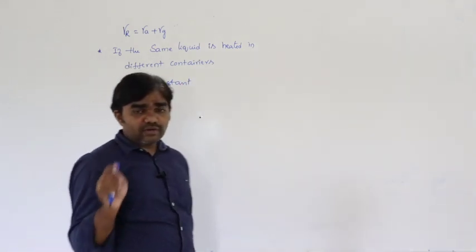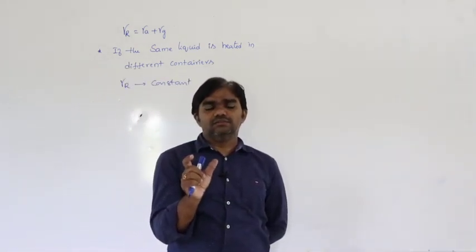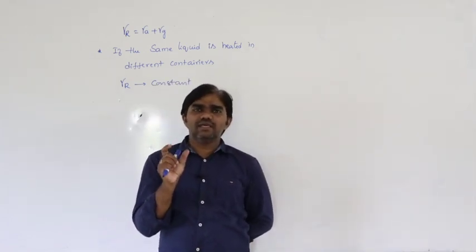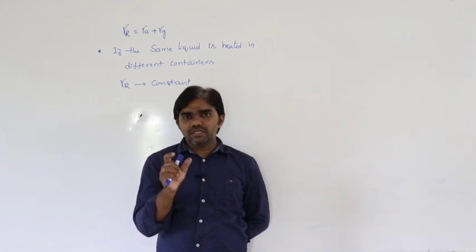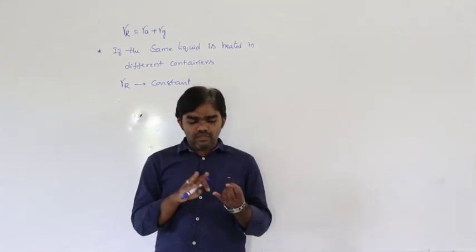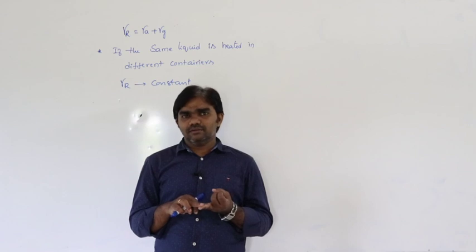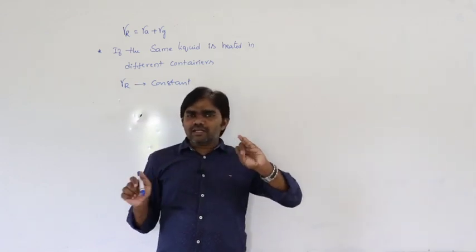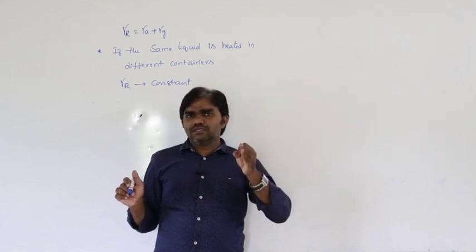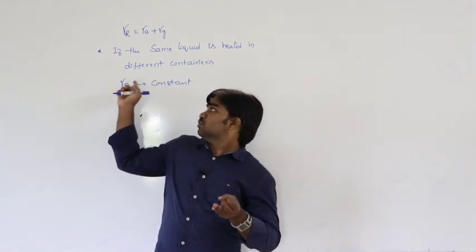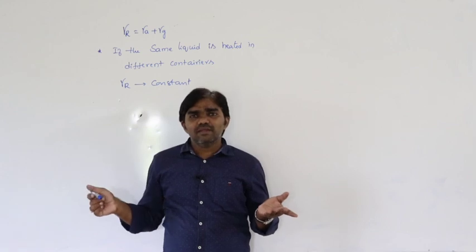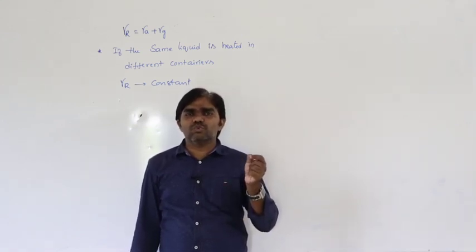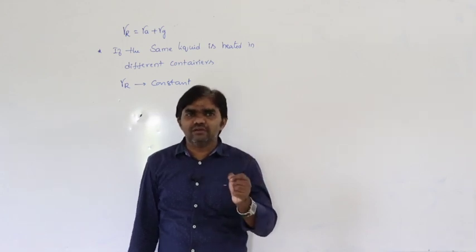If we consider only water, and water is heated in two different containers, one is steel, another one is aluminum, then for these two containers the quotient of real expansion is the same. What is the reason? The quotient of real expansion depends only on the nature of the liquid.